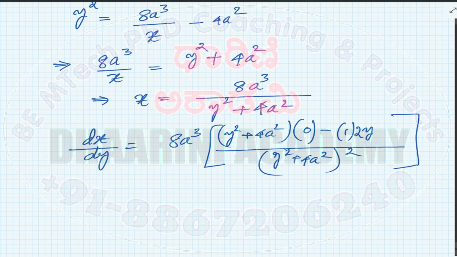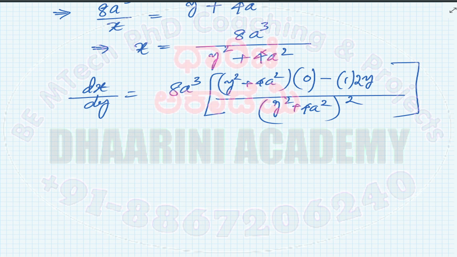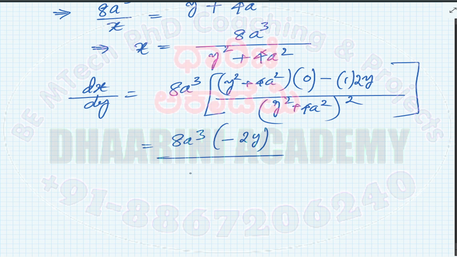Okay, I have this term with me now. So you can see that I'm going to get the term like this. So this is equal to 8a cube, first term is 0 into minus 2y, whole divided by y square plus 4a square, the whole square.